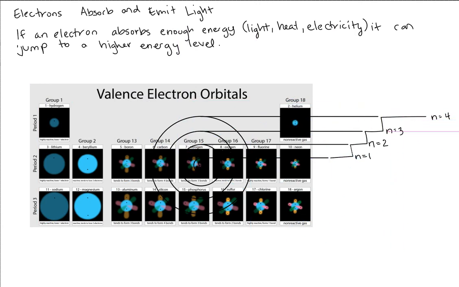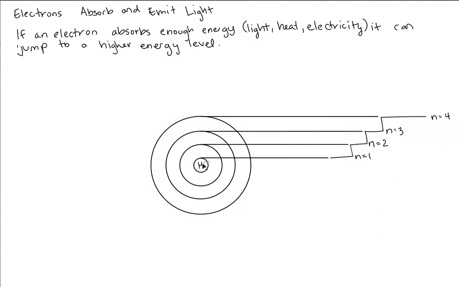So what I'm telling you here, though, is that even though you're right, you would not draw a Bohr model with an electron beyond the first energy level, it is possible for an electron in that first energy level, that one electron that hydrogen has, it actually might absorb some light, some energy, and I'm going to represent that with this.